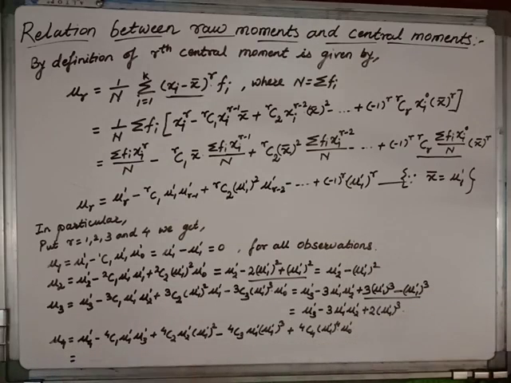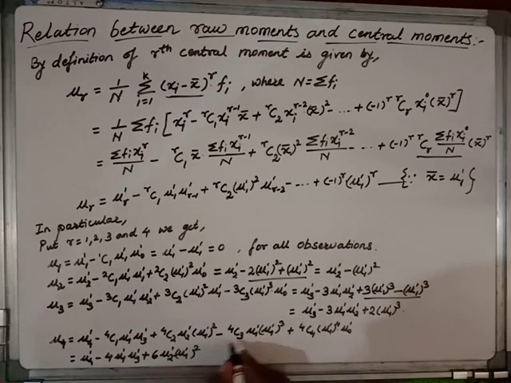Now, what do we get? This is mu4 dash minus 4 mu1 dash mu3 dash, and this is 6 times mu2 dash mu1 dash square.